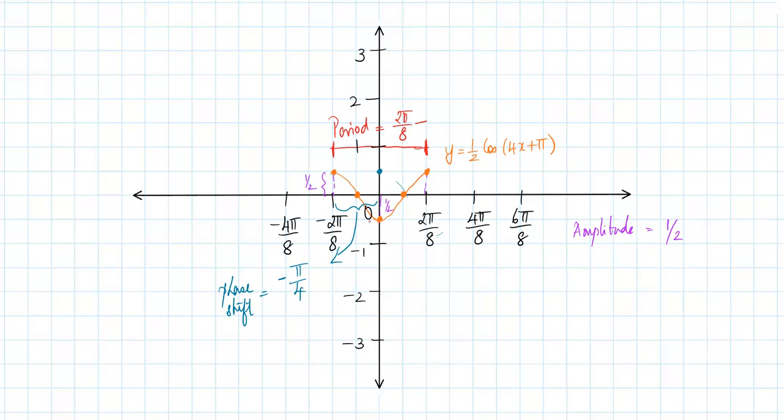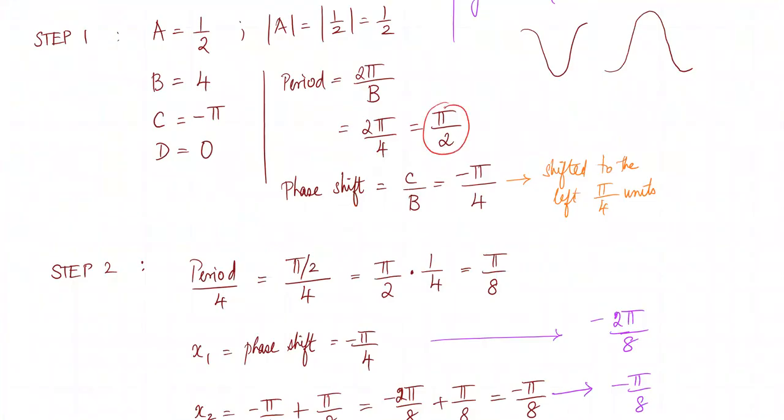Remember, it's 2 pi over 8 minus another negative 2 pi over 8. So that's 2 pi over 8 plus 2 pi over 8, which is 4 pi over 8. That reduces to pi over 2. The period is pi over 2. Come back here, the period was pi over 2. That is matching again with your step 1.